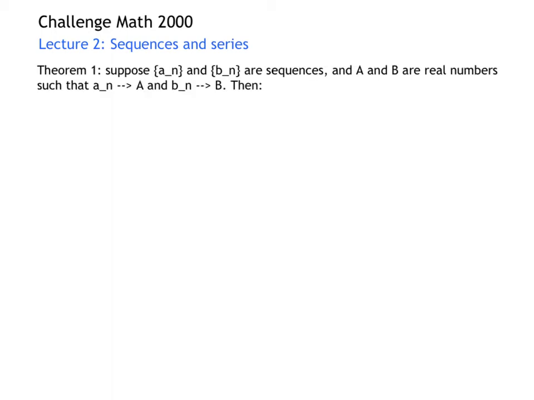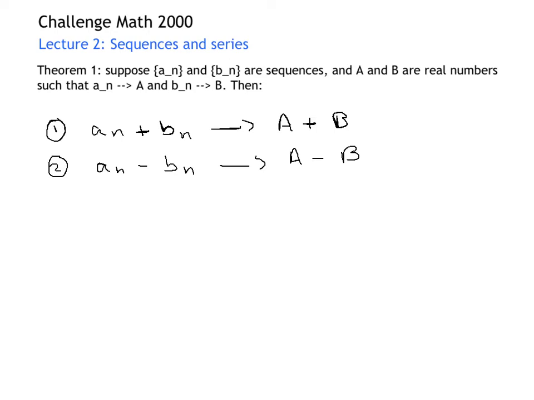The first one is what if we just take the sum, so the sequence whose terms are the sum of the a_n term and the b_n term. That gives us a new sequence, and we would like for it to converge to a plus b, and that's exactly what happens. And you can do the same thing if it's a minus b.